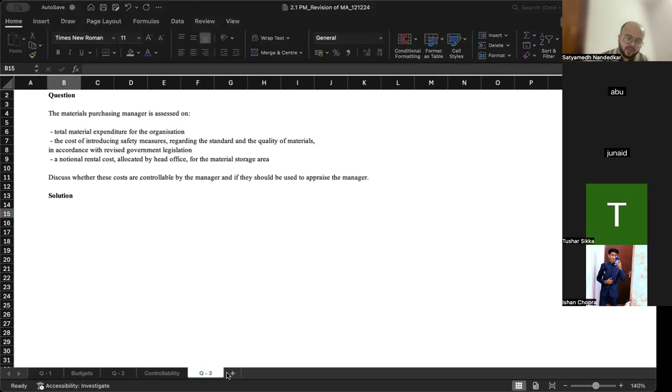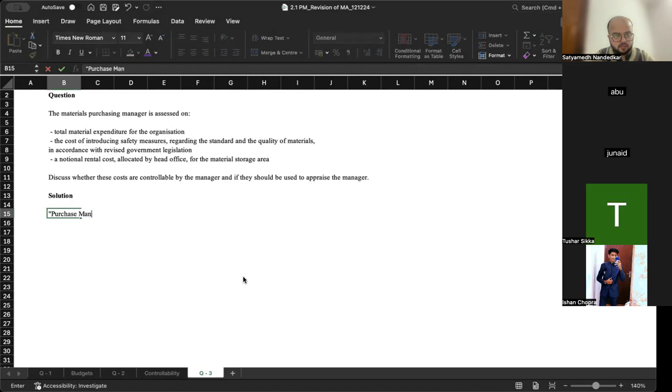So, if you want to assess the performance of the manager, should you consider these costs? You have to think from the point of view of the purchase manager. What is the total material expenditure for him? He will be held responsible for the purchase cost. Purchase manager will be held responsible for the purchase cost.